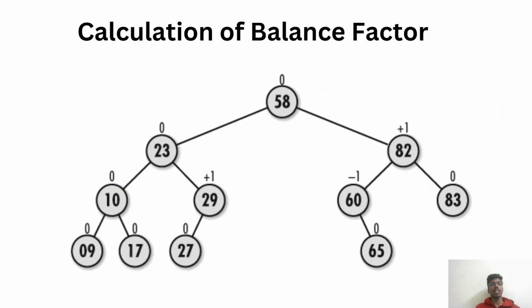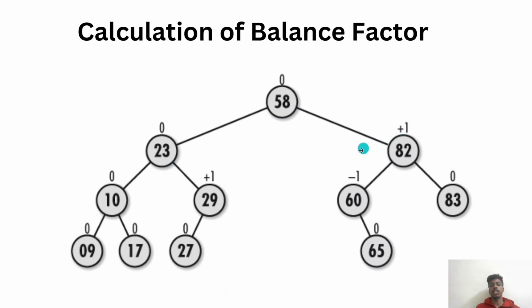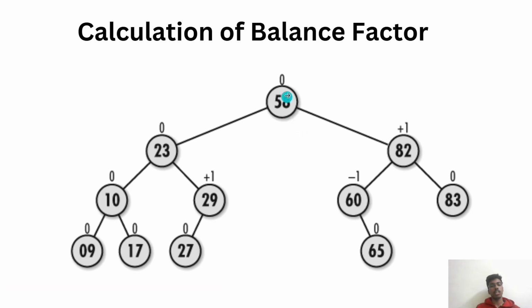Now we can calculate the balance factor of a BST. Here you can look at the node. The left subtree has a height of 2 and the right subtree has a height of 2. So it will make the height difference, or the balance factor, 0. Now take this node where 29 is the value.